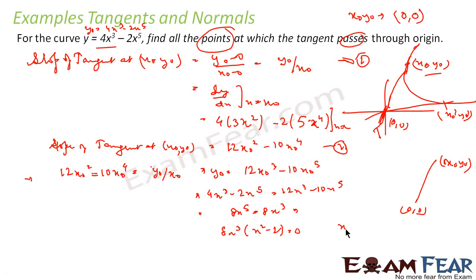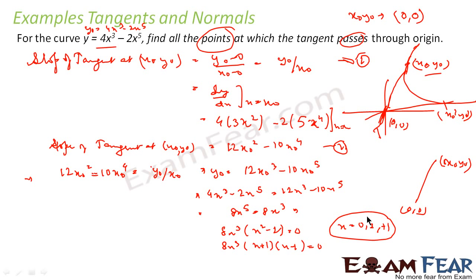So with this we can say that x is equal to 0 or 1. Correct? This is x square minus 1 is equal to 0, or you can say x square is equal to 1, so this is x equal to plus minus 1 actually. Why? I'll show you. This is nothing but 8x cube into x plus 1 into x minus 1 is equal to 0. So x has 3 values, 0, 1 and minus 1.